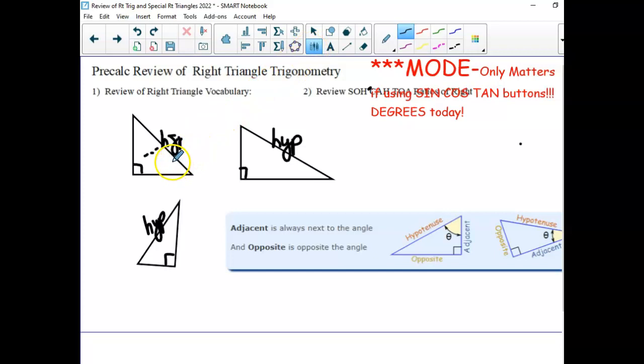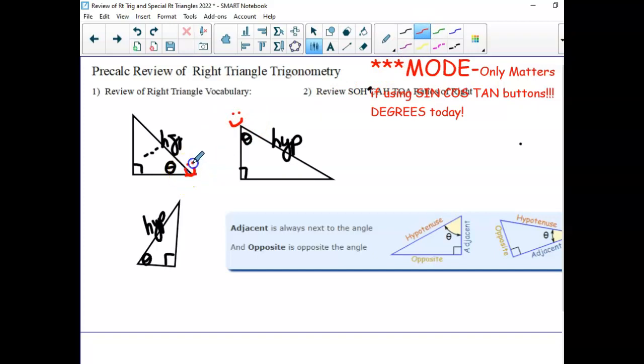So I'm going to randomly say that this is theta on this one, and this one is theta on this one, and let's say this one down here is theta on this one. Once we have chosen one of the acute angles to be at, and I usually do this cute little smiley face to say I'm standing there.